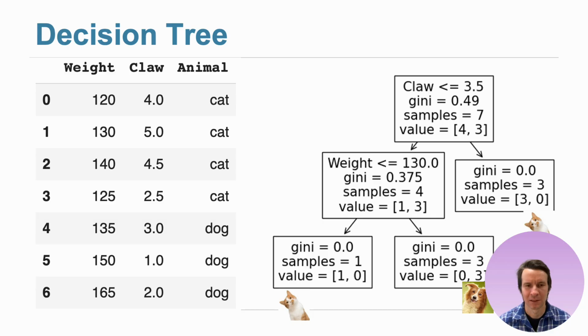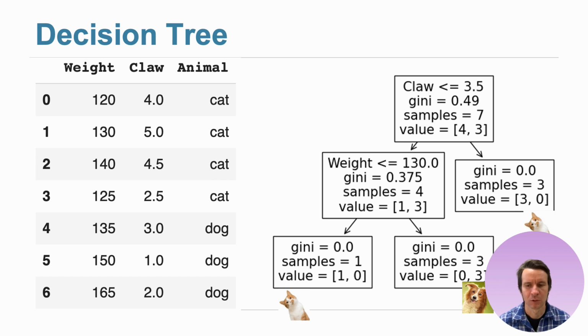Is it at most 3.5? And if the answer is yes, we go to one side. If the answer is no, we go to the other side. So if the answer is yes, I think we go to the right. And if the answer is no, we go to the left.